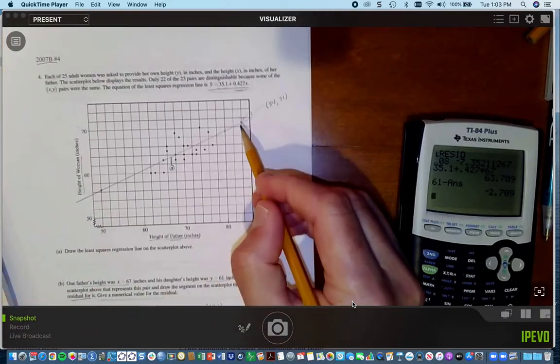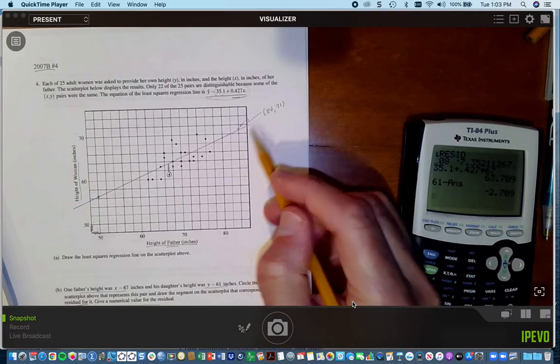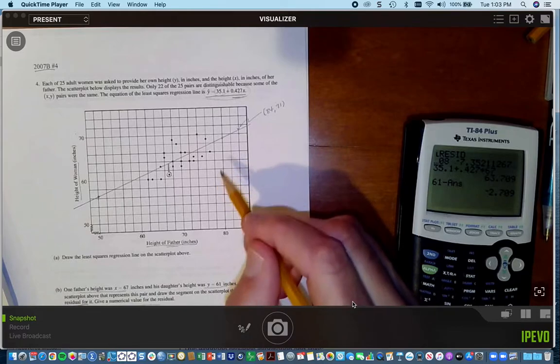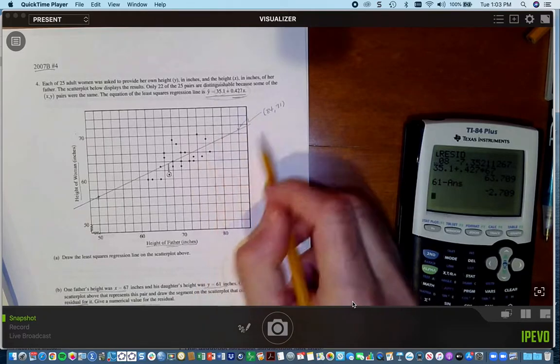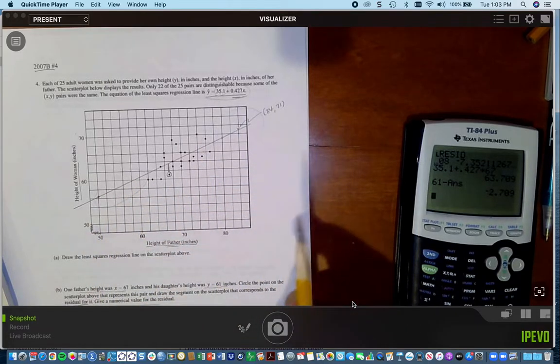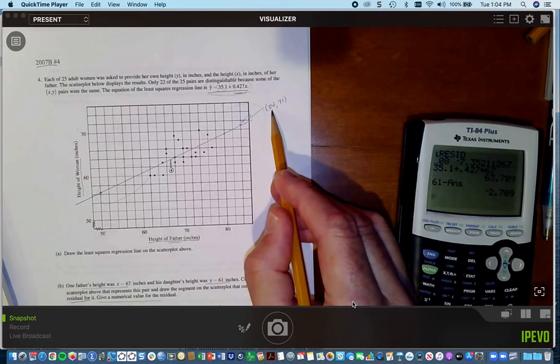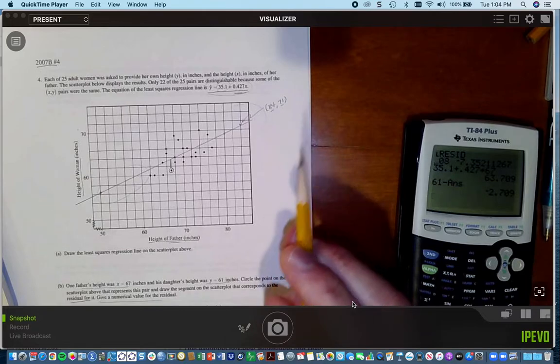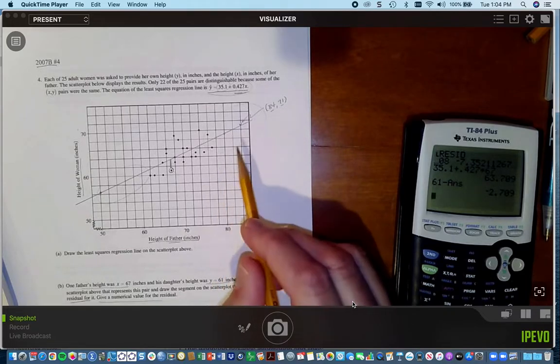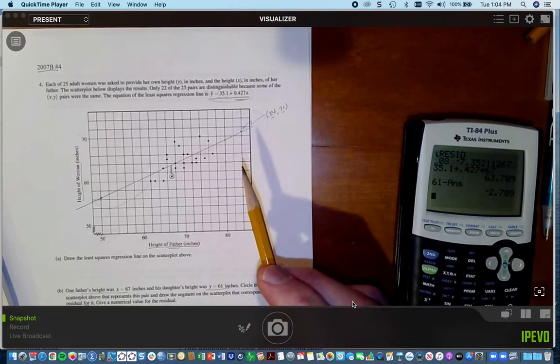Now remember, we talked about the values that are influential in the correlation coefficient, and that's the ones that live out here at the ends. With that point in there, this value is going to have a large z-score for both the x and the y. This is going to contribute a lot to the correlation coefficient.